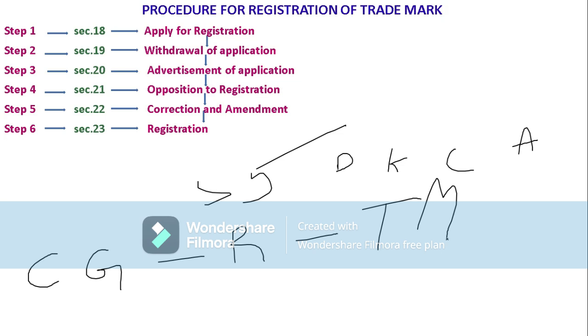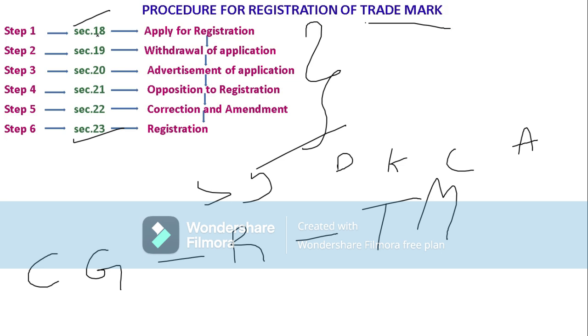Now, what is the process for registration of a trademark? Sections 18 to 23 deal with the registration of trademarks by traders or enterprises.